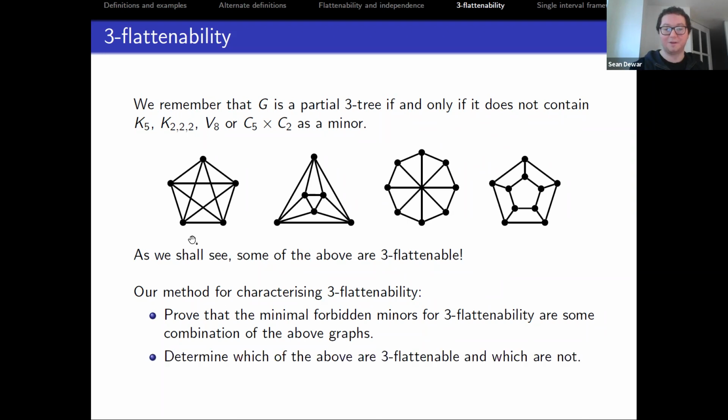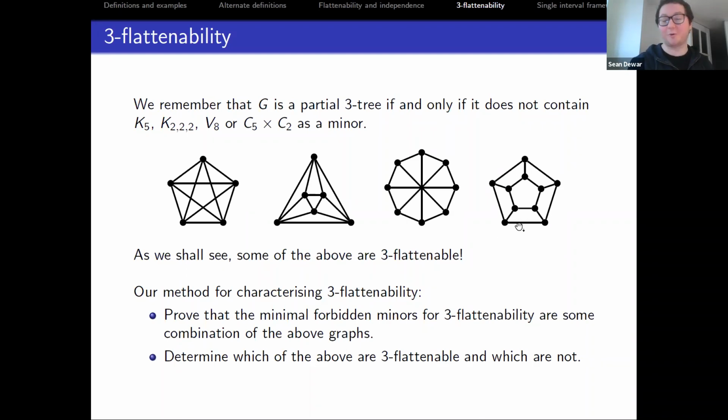The next thing is to determine which of the above 4 are 3 flattenable and which are not. This was covered in basically 2 papers. The first was done by Belk and Connelly. They proved that the forbidden minors for 3 flattenability have to be some subset of these 4.